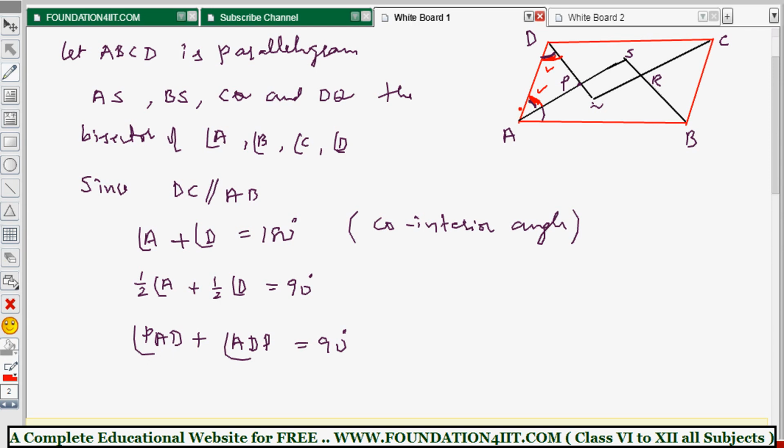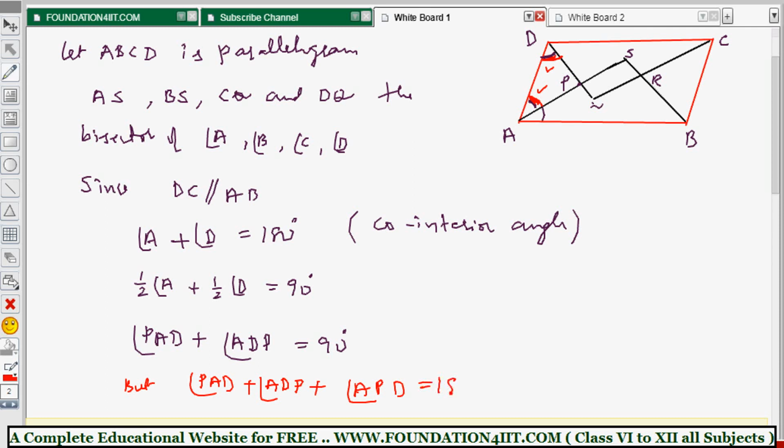So using this concept, we take angle PAD plus angle ADP plus angle P, that is APD.